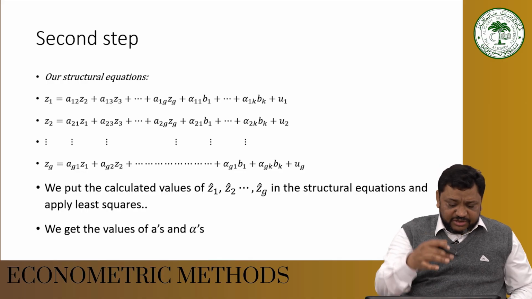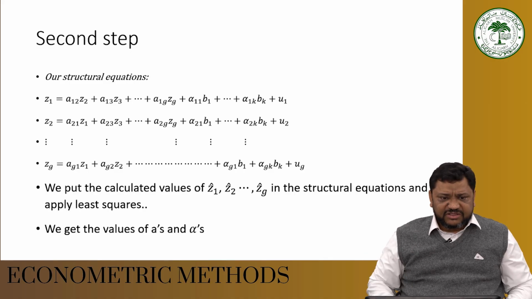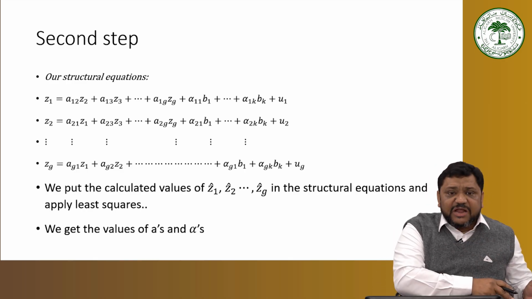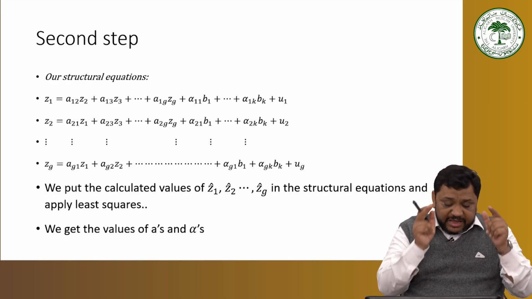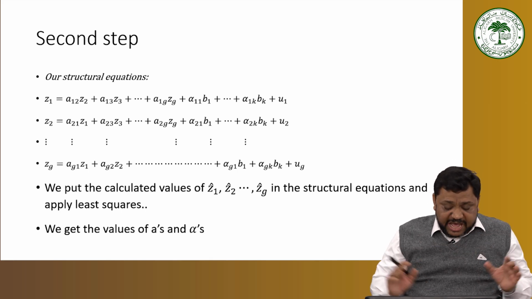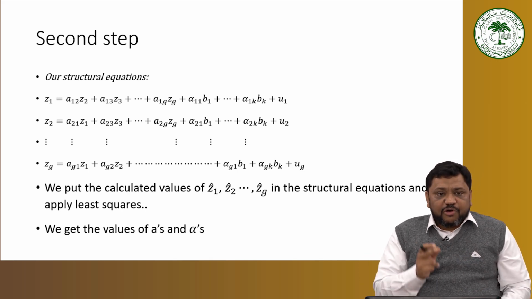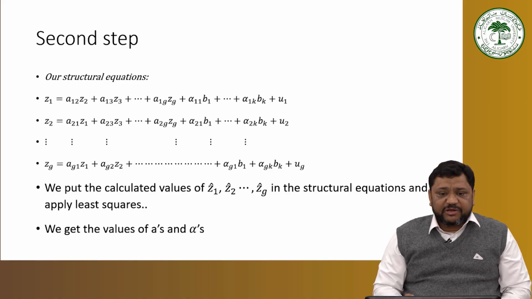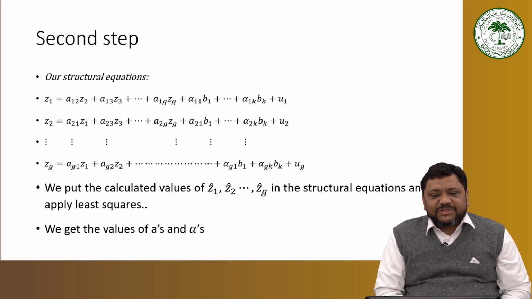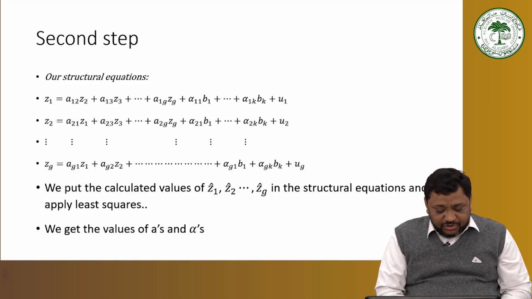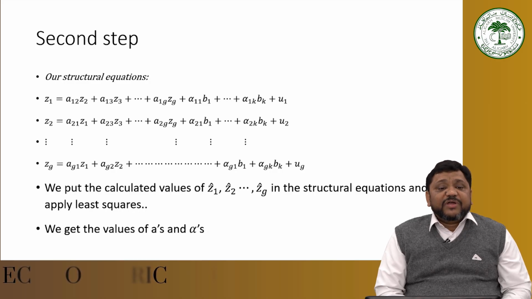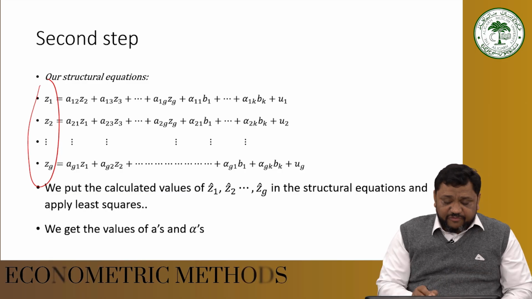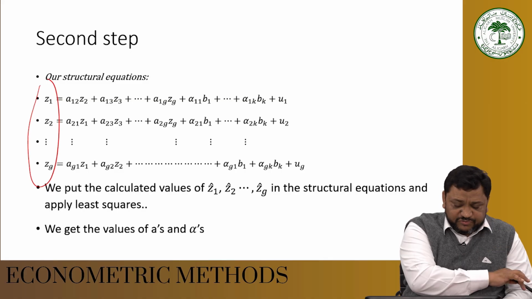Now in the earlier portion of the slide we have written the structural equations. We have just now estimated the values of z1 hat and z2 hat. We put those estimated z values in these structural equations, and then we apply the method of least squares. We have estimated the values of this from the reduced form earlier.